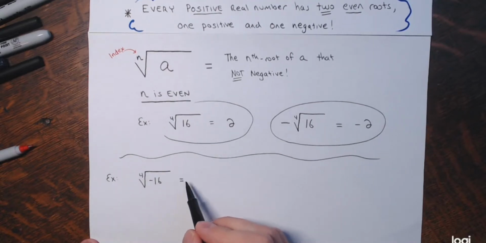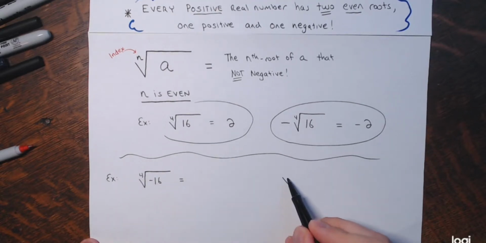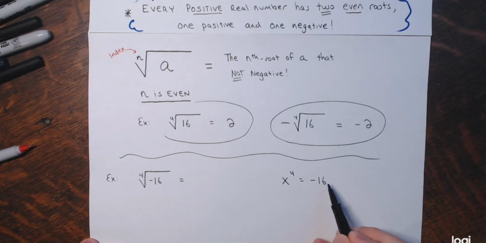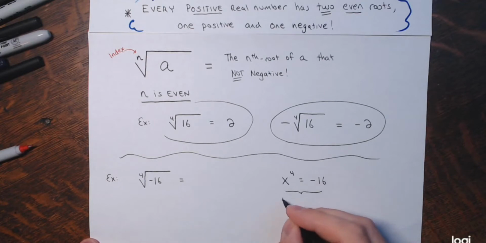Well, just like earlier, can you think of a number x to the fourth power that would give me negative 16? And the answer is no. This equation has no real number solution.